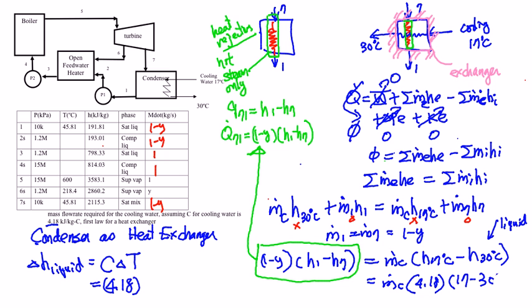Oh, we don't need a degree C, just 30. And with this, we know the value of y from prior recordings. We know the values of H1 and HC. You can solve for the one unknown.